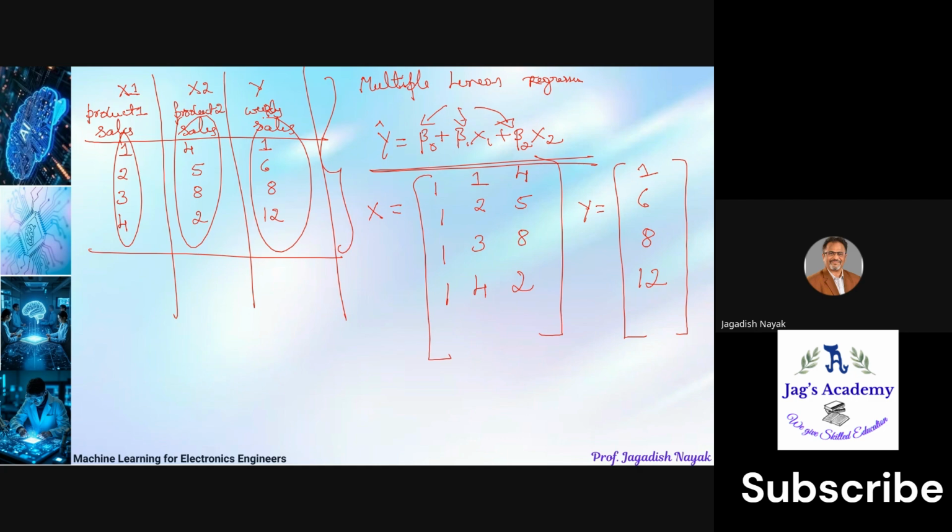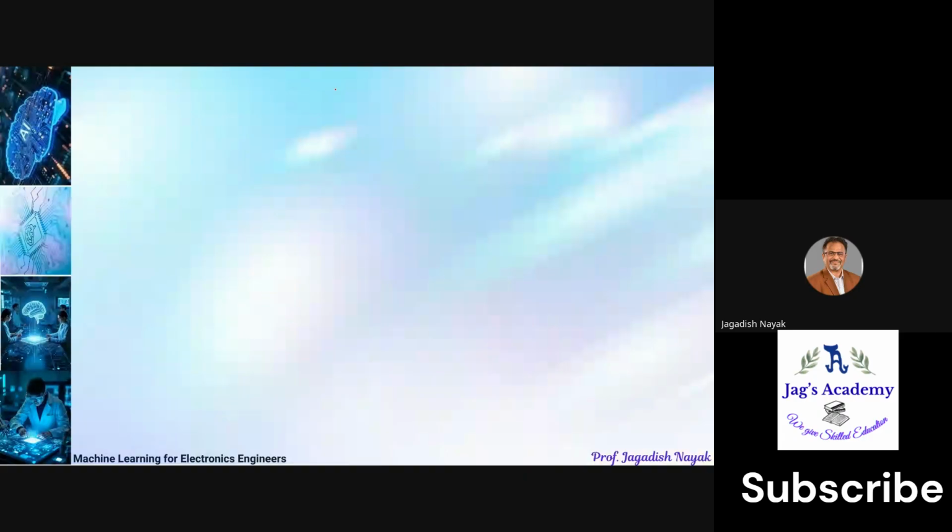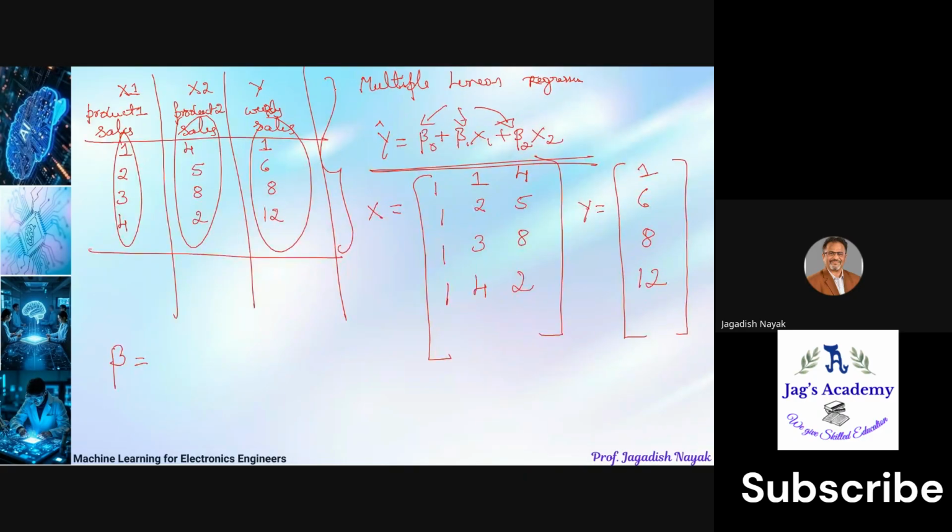Now, what is the formula for beta matrix? The formula for beta matrix we just saw. What is that? X transpose x whole inverse and x transpose y. So the formula is x transpose x whole inverse, x transpose y.